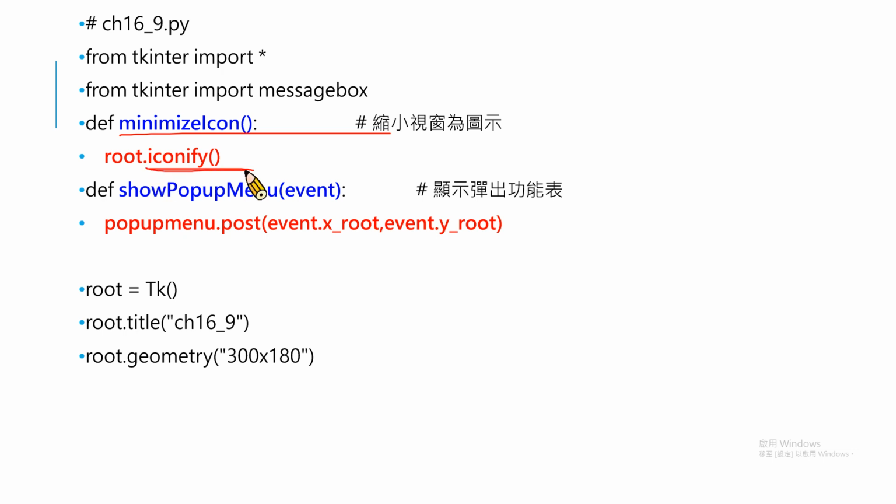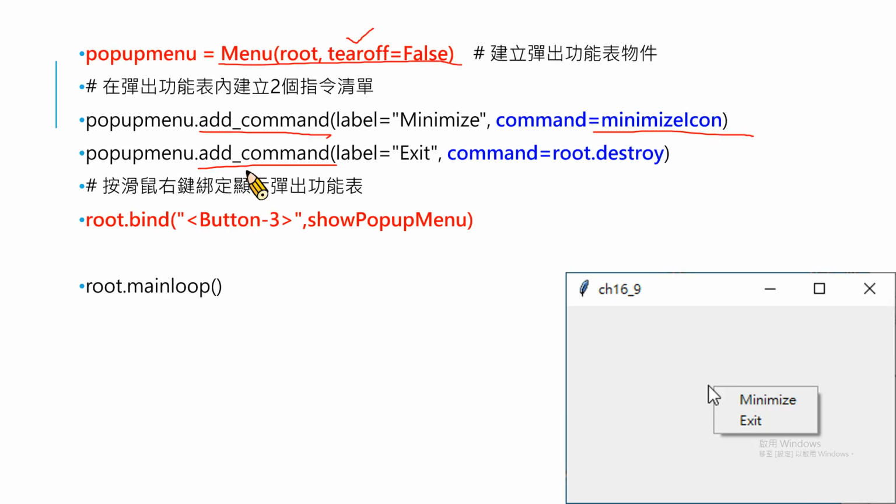And last we need to bind, because we use the mouse right button. So here we use bind to bind the mouse event, and we set the event handler function to be show popup menu.